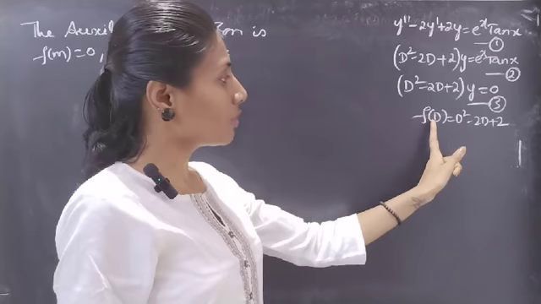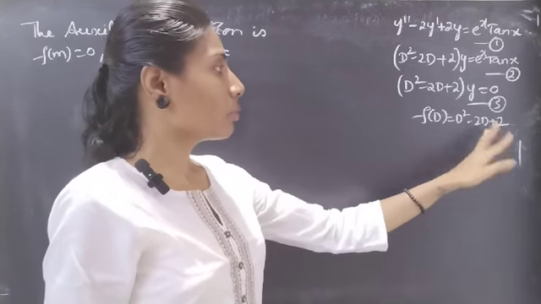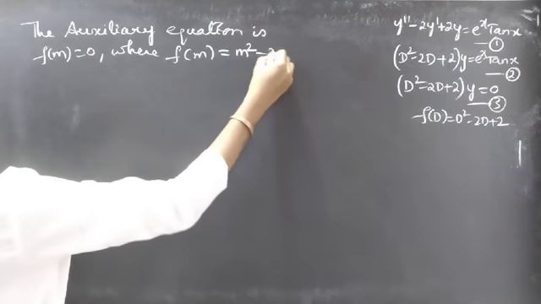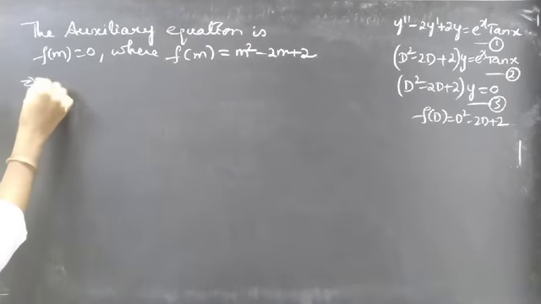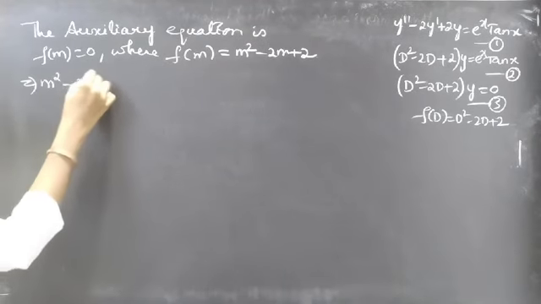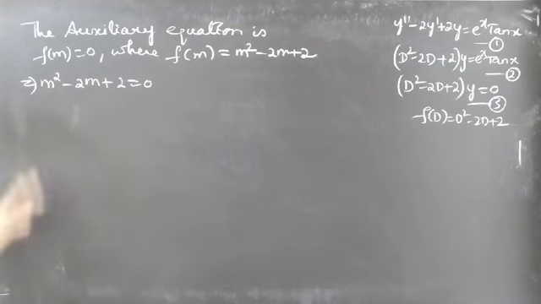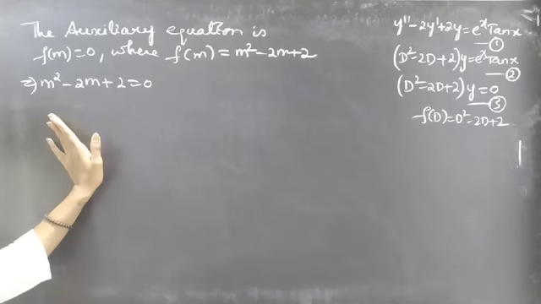Let's replace the differential operator with m, so that f of m becomes m square minus 2m plus 2. Now the auxiliary equation is m square minus 2m plus 2 equal to 0. Now we need to find the roots of this equation, so we'll use the quadratic formula.